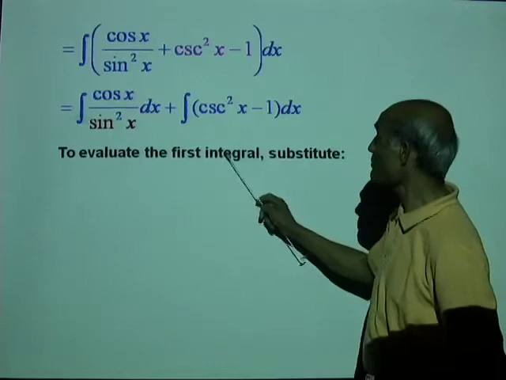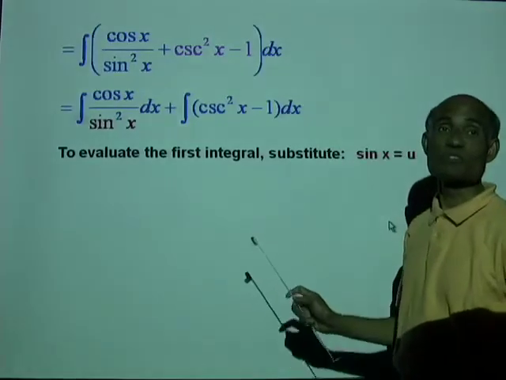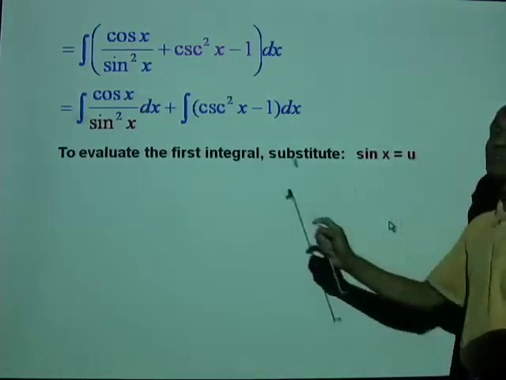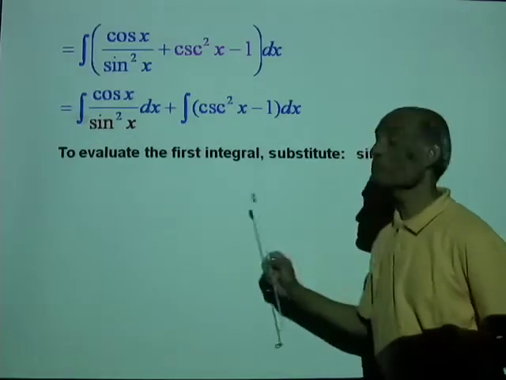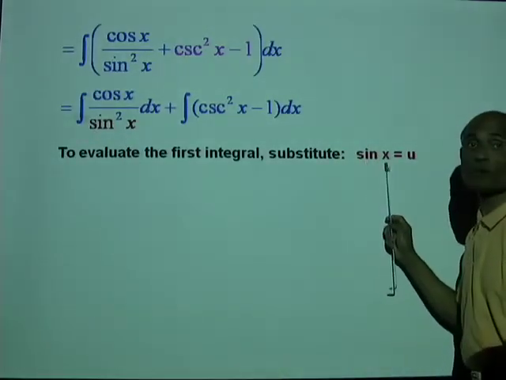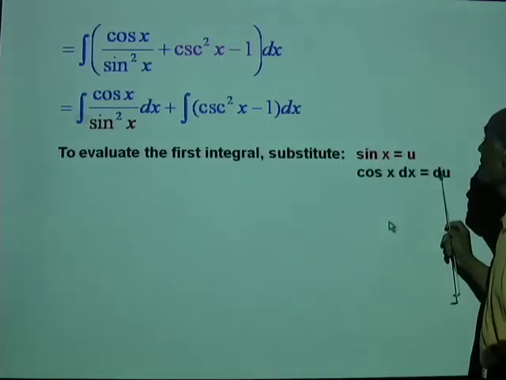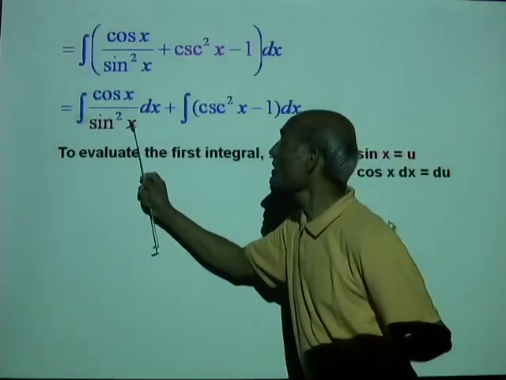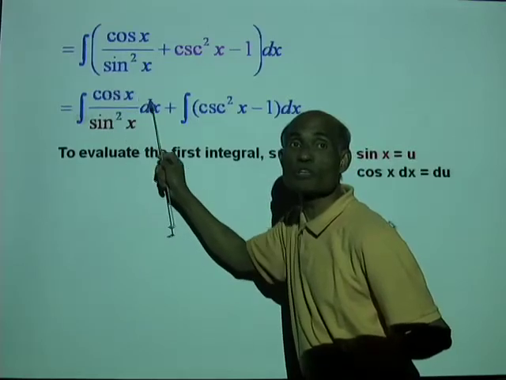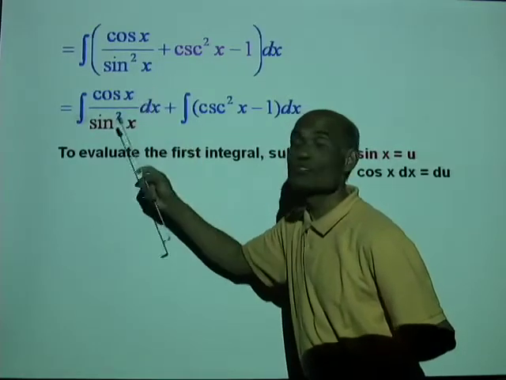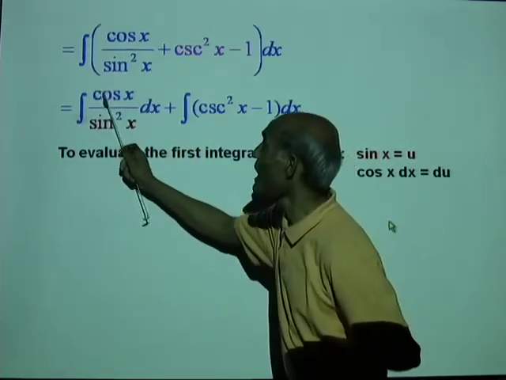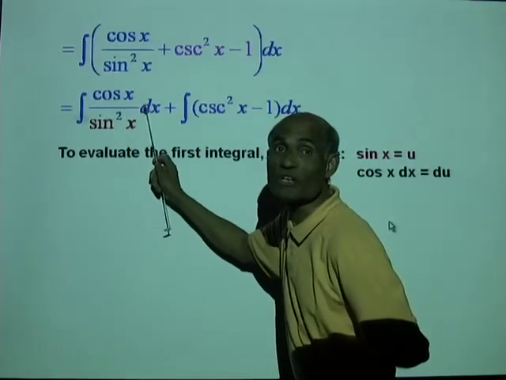So to evaluate the first integral, we substitute sine x equal to u. The sine x becomes u. Take the differential of both sides. It will be cos x dx equal to du. So when sine x becomes u, cos x dx becomes du. So the first integral becomes 1 over u squared du.